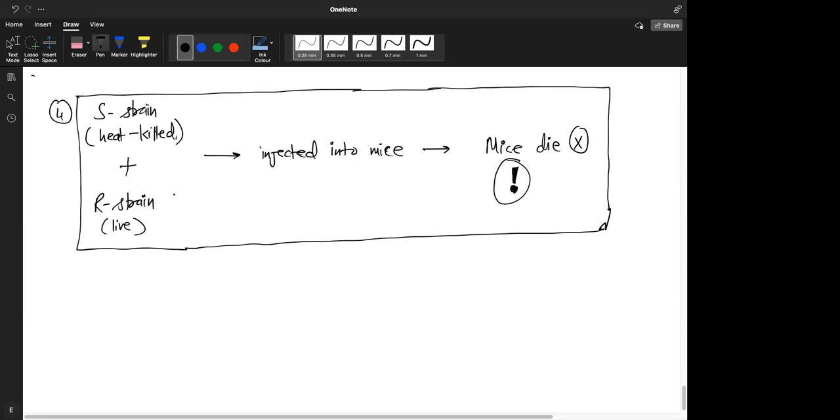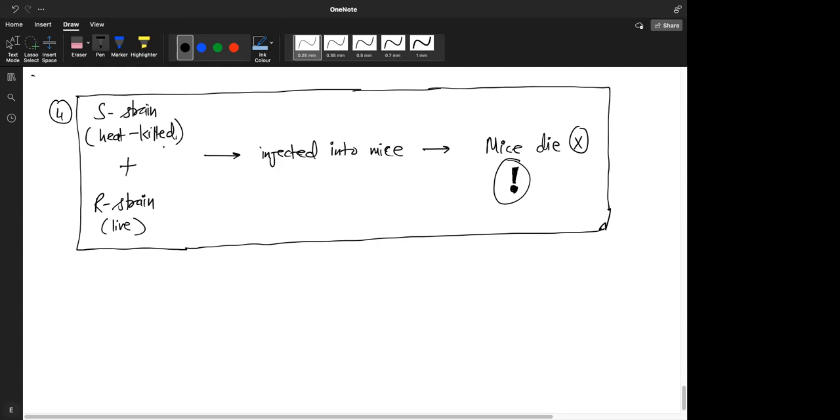You cannot resurrect something from the dead that way, but you can give some properties, some genetic advantage, to the living strain. So S strain had the genetic material inside. By heat killing it, we damaged the cell, we opened up the cell, and the cell is no longer living, no longer behaving as a living system. But whatever is present in that living system is still there.